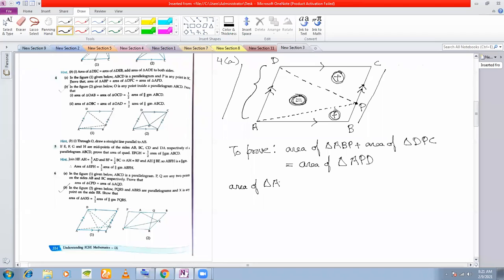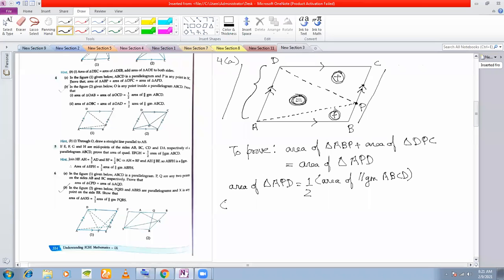area of triangle APD must be equal to half area of parallelogram ABCD, right? And we'll give a reason also.